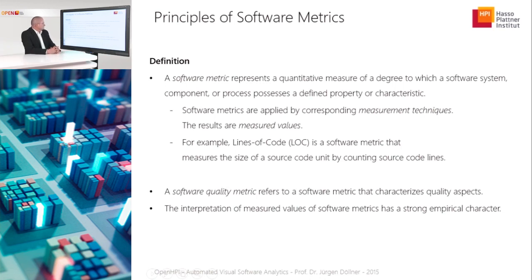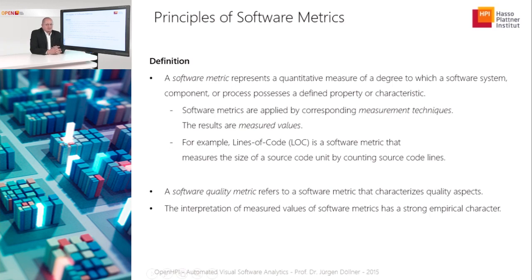There's one specific category in software metrics called the software quality metrics. They refer to a software metric that characterizes quality aspects. As already indicated, software metrics are always up to an interpretation. That means the interpretation of measured values of software metrics has a strong empirical basis or character.